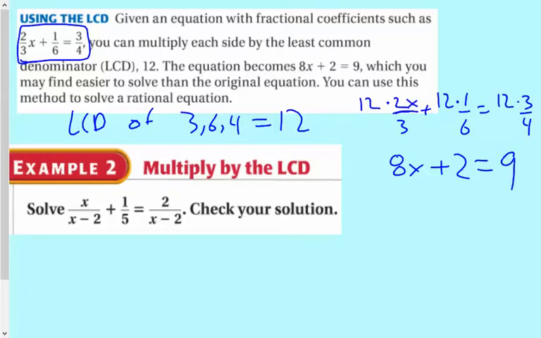You basically take an equation with fractions in it, and you get rid of all the fractions.